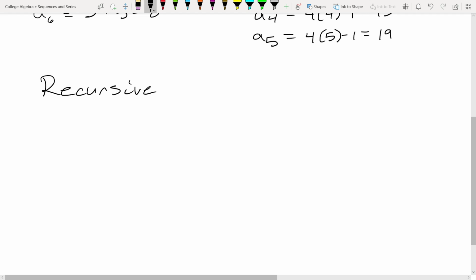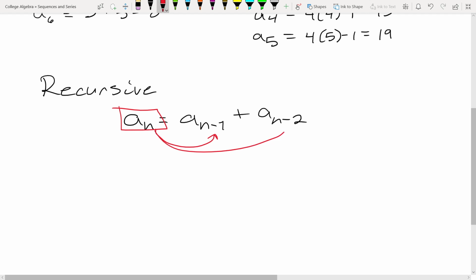In fact, the Fibonacci sequence can be written recursively, and it's very easy to write recursively. This is the Fibonacci sequence. For the nth term here, we look at the 2 previous terms. So n minus 1 is the 1 previous, and n minus 2 is the 2nd previous term.